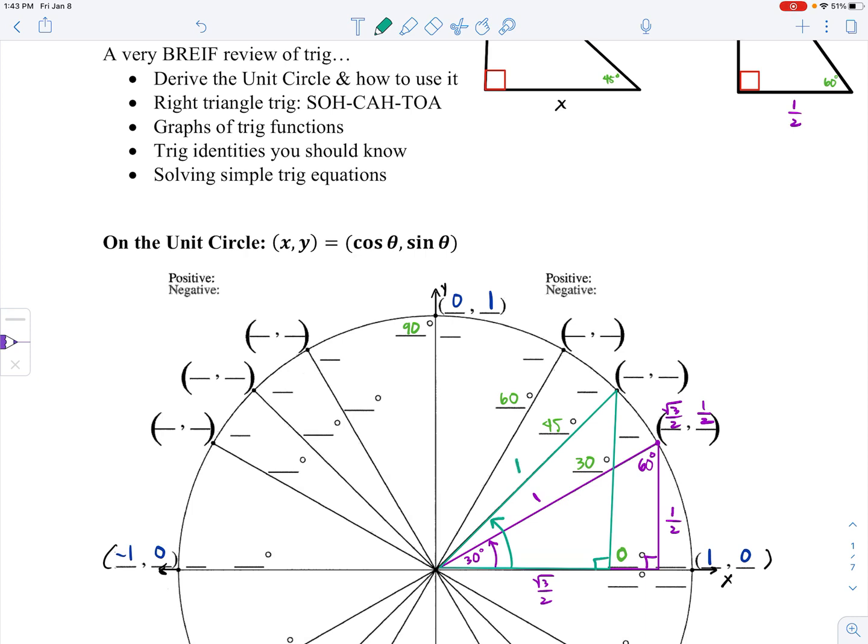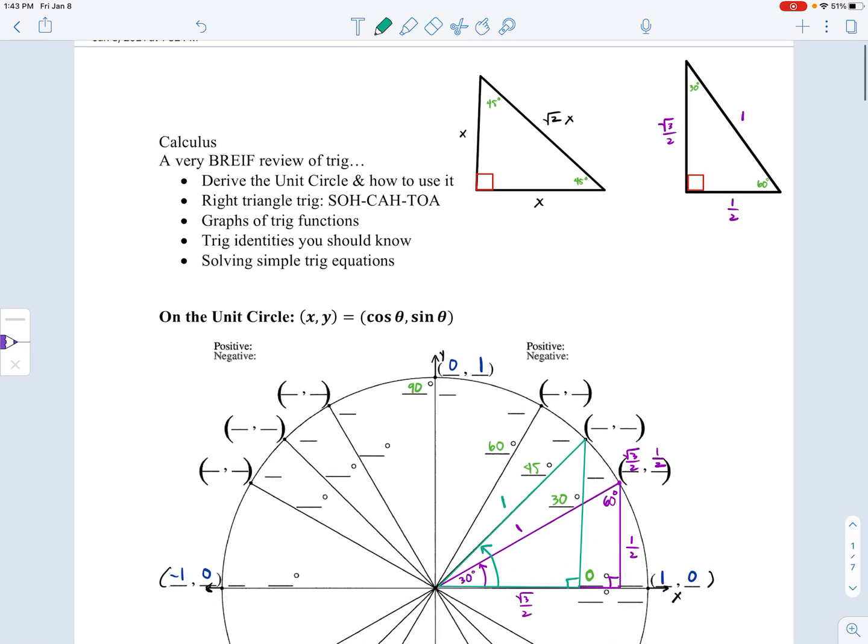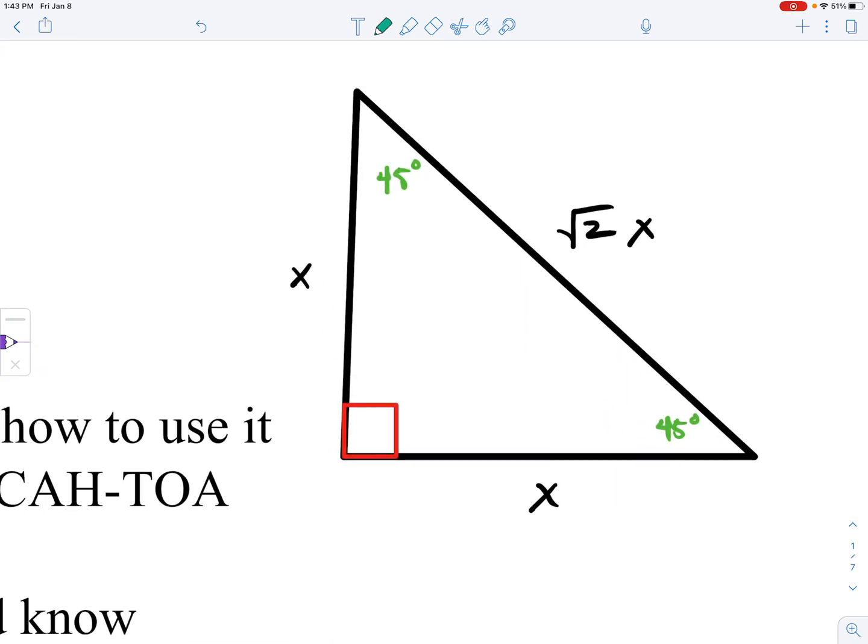And again, the hypotenuse of the triangle would need to be equal to 1 to match the radius of the circle. And we think, okay, for the 45, 45, 90 degree triangle, what could we make x to make the hypotenuse equal to 1? And that would be 1 over root 2.